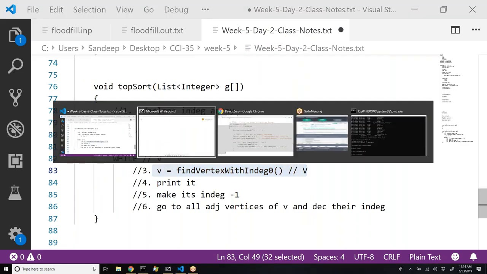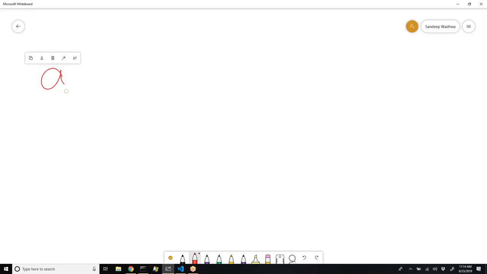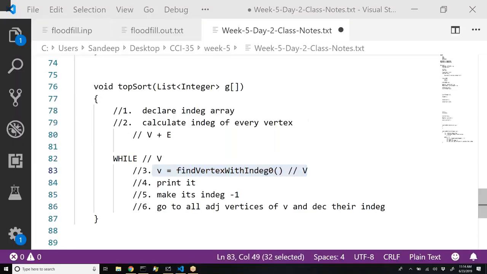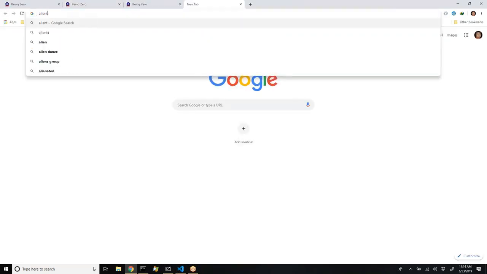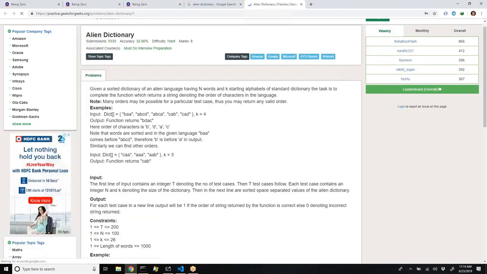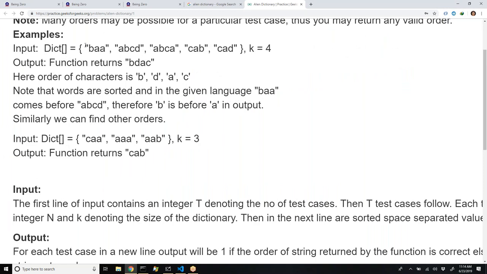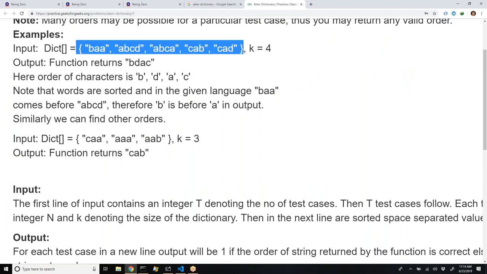Before going for a break, one interview question we'll talk about. You are given a few words. The problem statement is Alien Dictionary. What it says is there are a few words which are not according to the English dictionary.